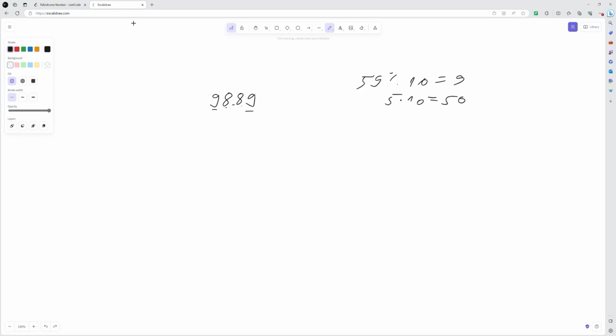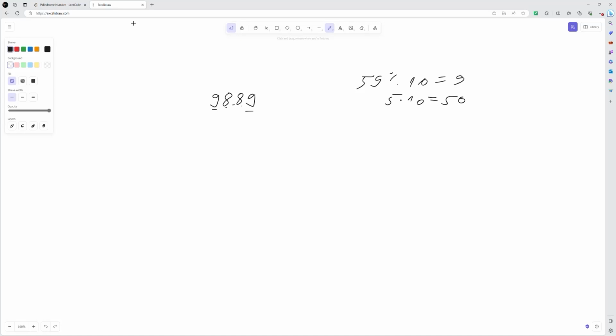To find the first digit, we would have to find the number of digits that our input number has. And how can we do it? We can use a bit of mathematics. We can apply the logarithmic function on our number.